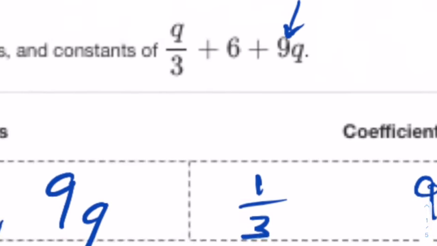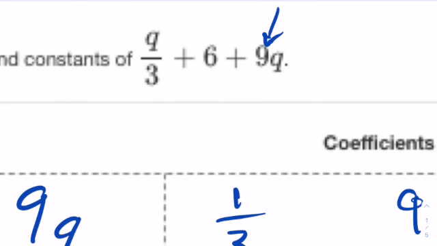If you look at this q over 3 there, you can imagine this as being 1q over 3. How many q's are right here? Well, there's just one. That's why it's 1q. If it were 2 q's, it would say 2q over 3 or 3q over 3 or whatever. There's no number in front of that q, so we can just assume that it's a 1.